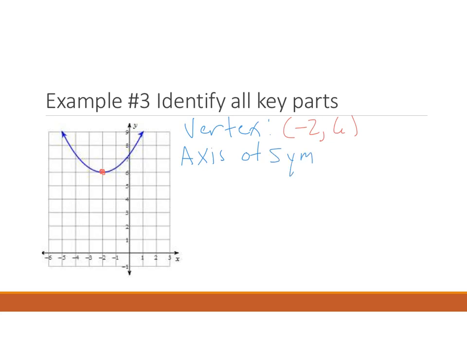It's that invisible line that I can draw to cut my parabola in half. It goes through the vertex. So in this example, my axis of symmetry is x equals -2. The extrema is deciding if it's a maximum or minimum. Since the parabola has a low point, we say that's a minimum.